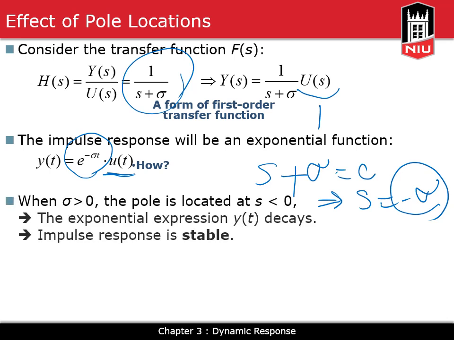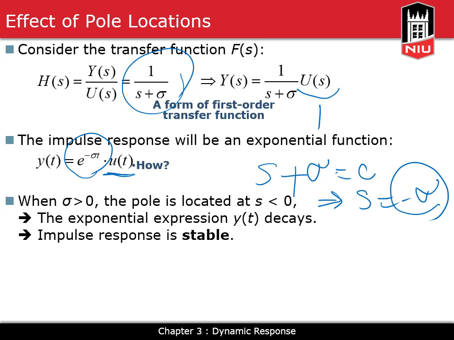Remember, s could be complex in general, so the s-plane has the real axis as the horizontal axis and the imaginary axis as the vertical one. When sigma is positive, s equals negative sigma is a negative real number, so the pole is located on the left-hand side of the s-plane.